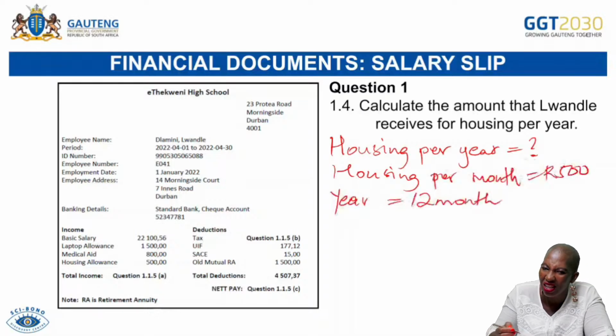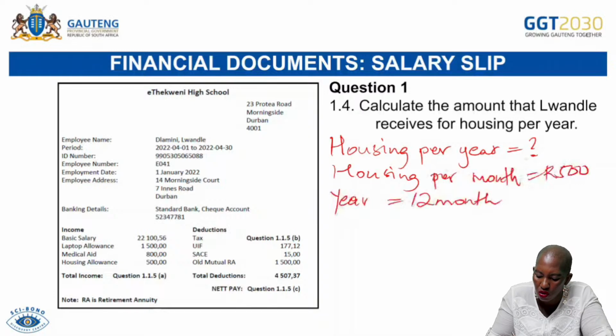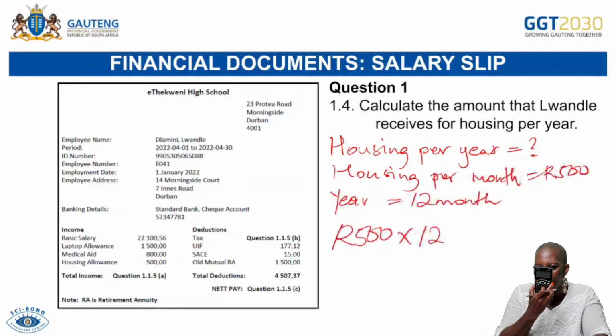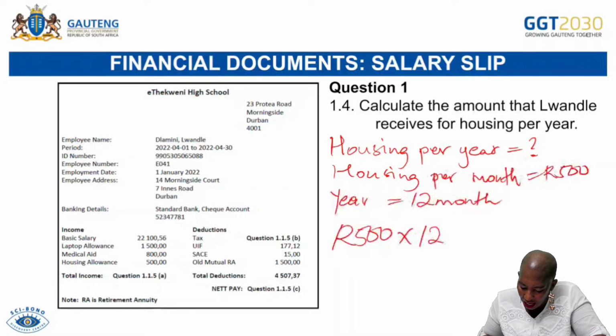I'm just making it simple for you. So when you answer this, you don't need to write all that I wrote here. I'm just showing you. You just say 500, you multiply it by 12 because it is per year. Don't forget, there is no soldier that can go to war without a gun. So also ourselves, we can't go to a mathematical literacy classroom without a calculator. Let me quickly fix my calculator. I can see it needs to be reset, and it's so easy to reset.